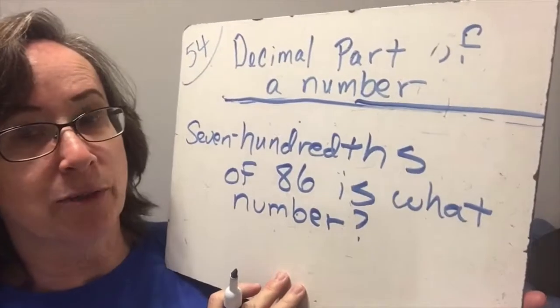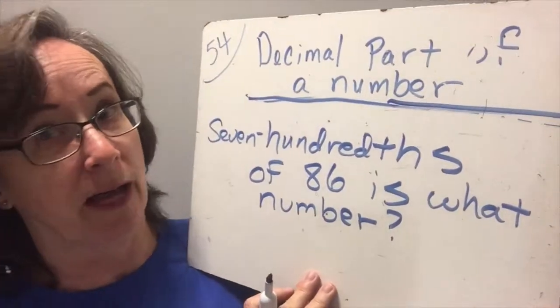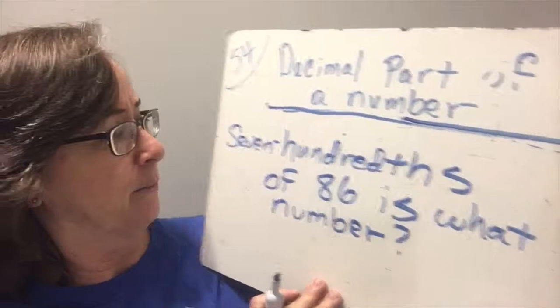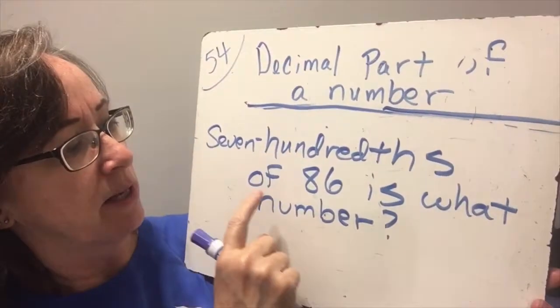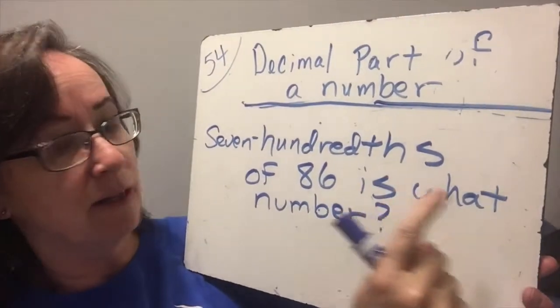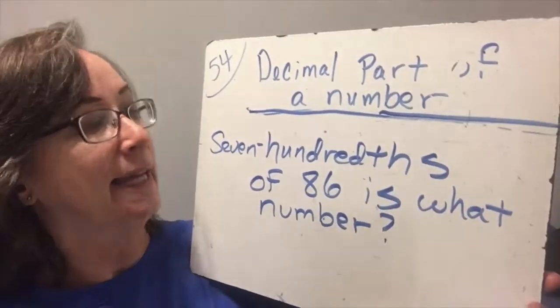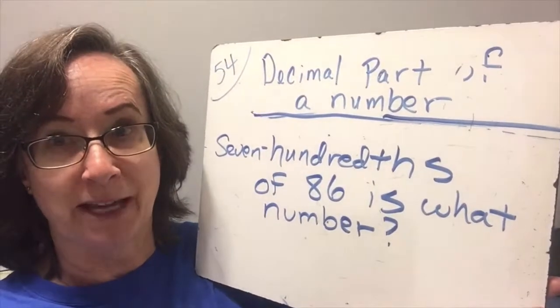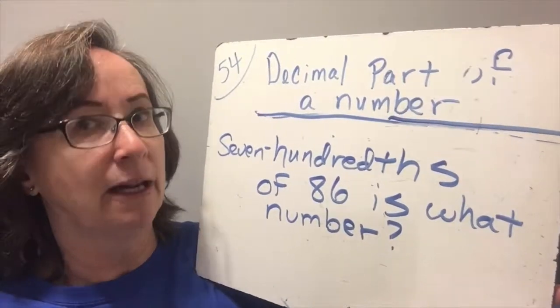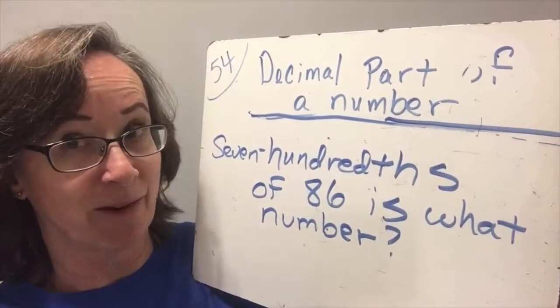Here's practice number 2. Copy it down on your board and pause your video. 7/100 of 86 is what number? Copy it down and try to turn that into an equation. Then stop your video and come back and see if you did it right.